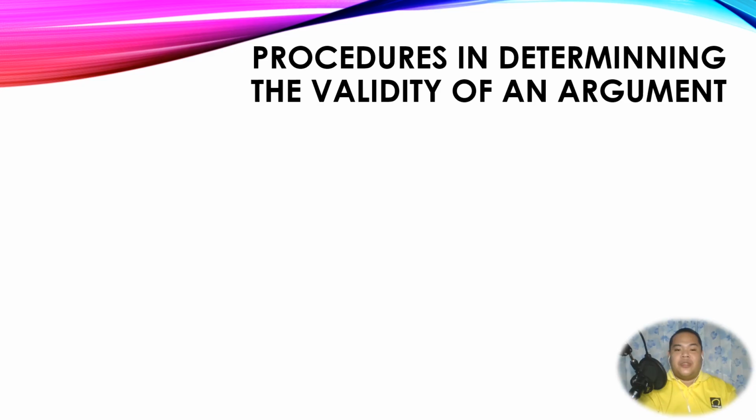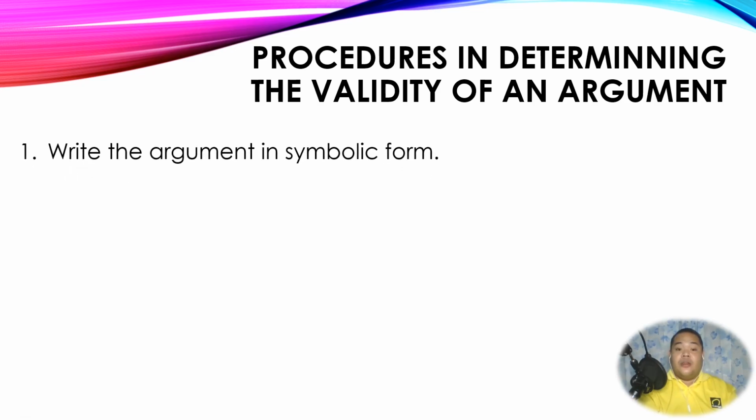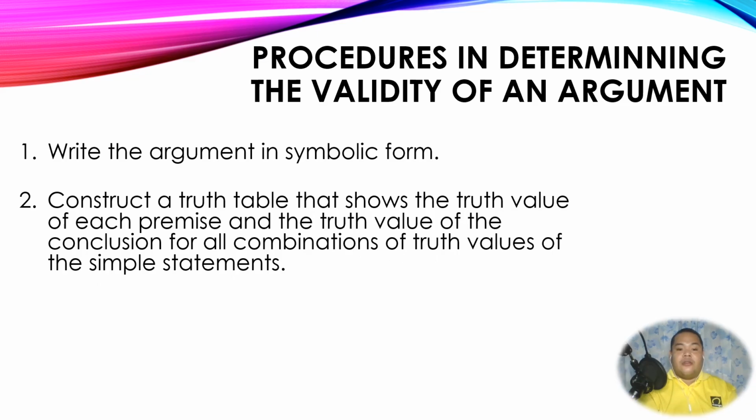There will be three procedures in determining the validity of an argument. The first one is to write the argument in symbolic form. Second, construct a truth table that shows the truth value of each premise and truth value of the conclusion for all combinations of truth values of the simple statements.